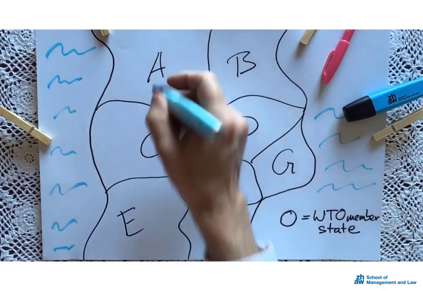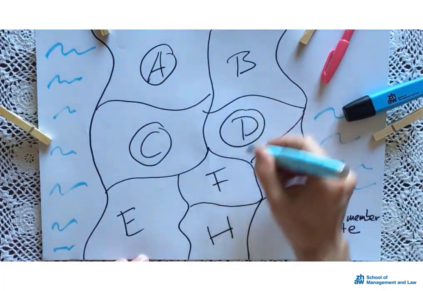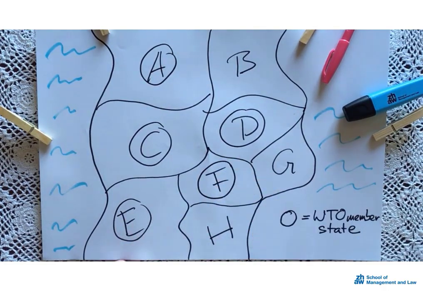And this is true for state A, state C, state D, state E, state F, but not for B, G, and H. What follows is kind of a love story.